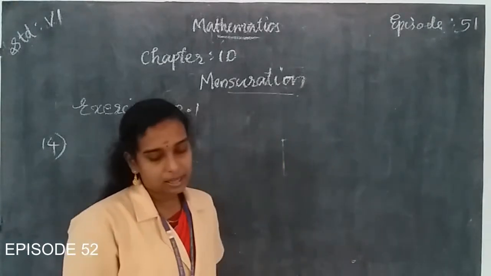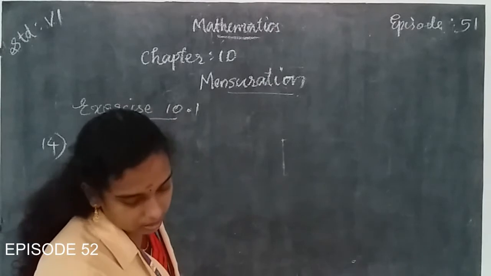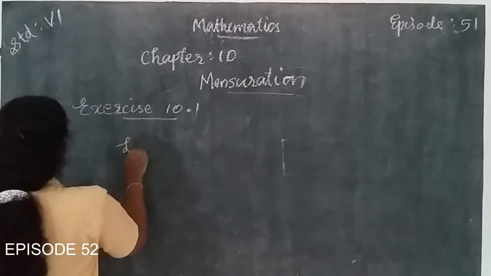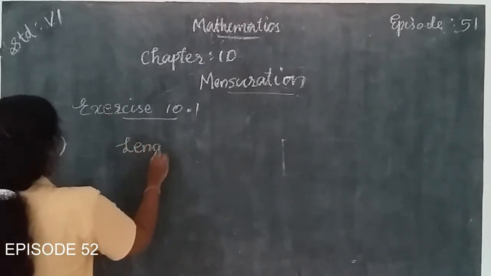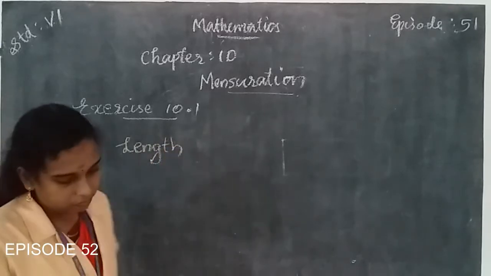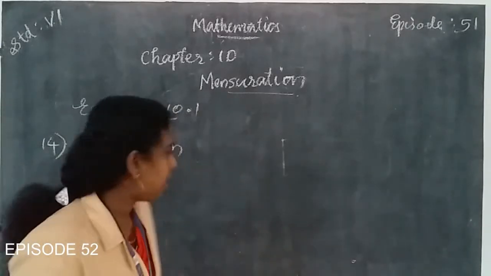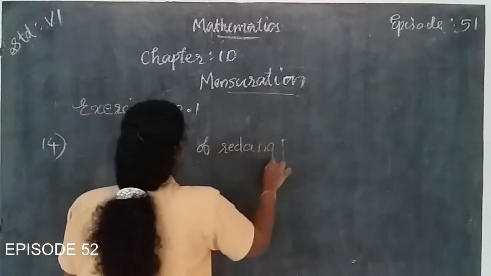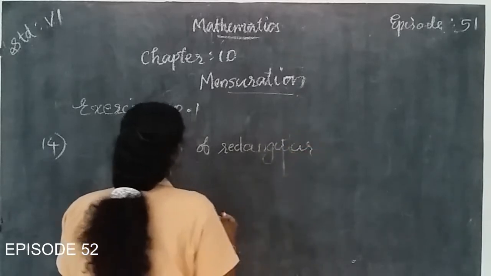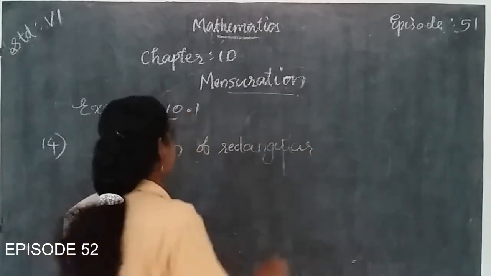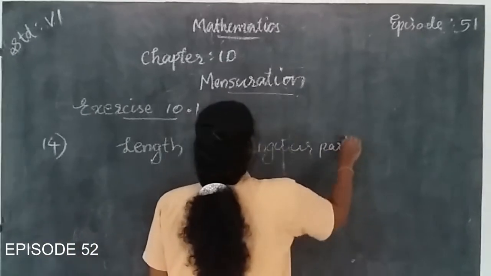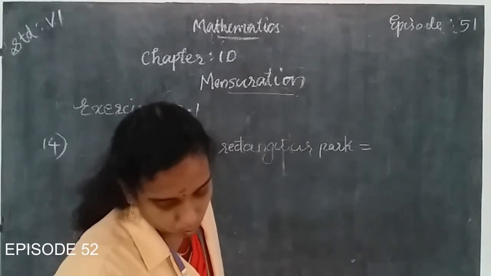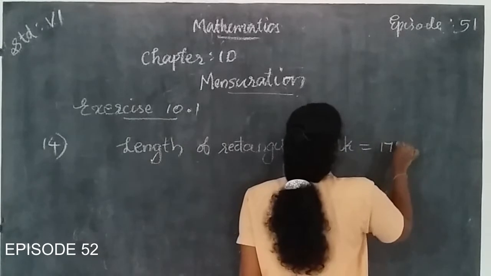First you write the data given in the question. Here the length and the breadth are given. Length of the rectangular park is equal to 175 meter.